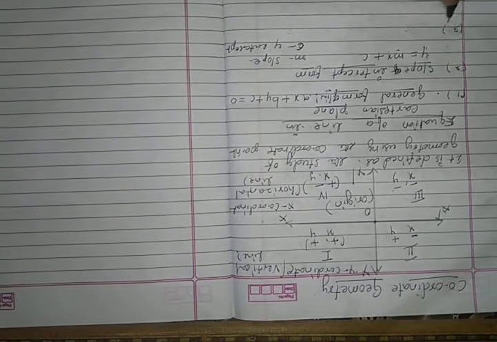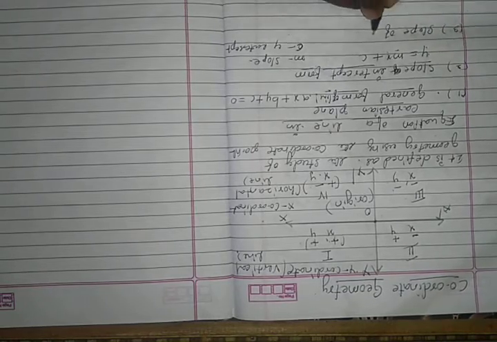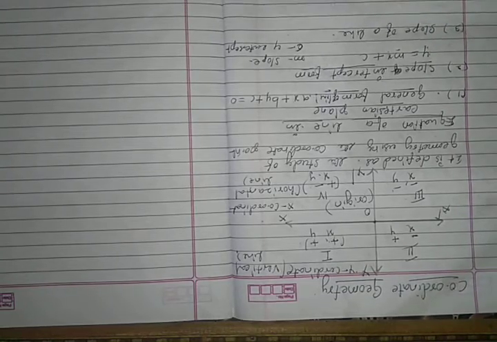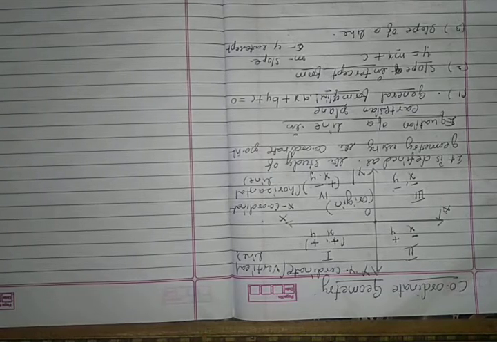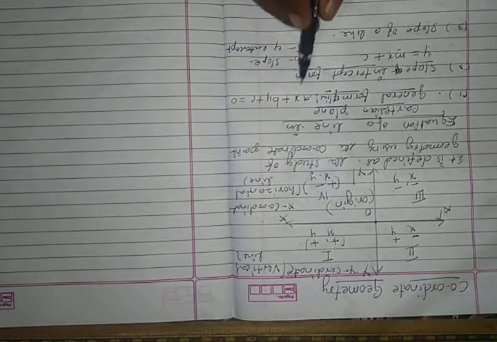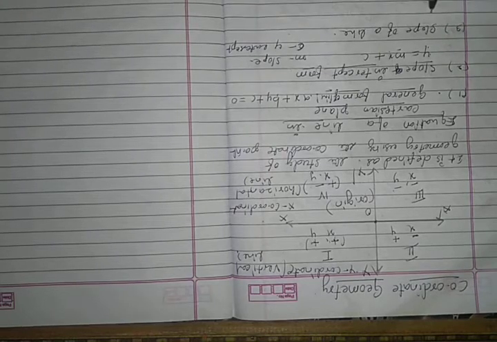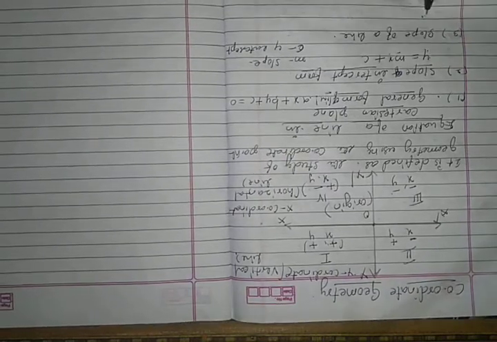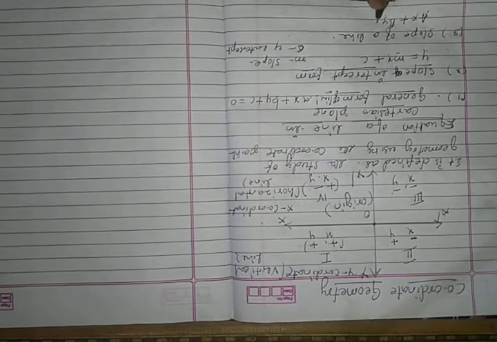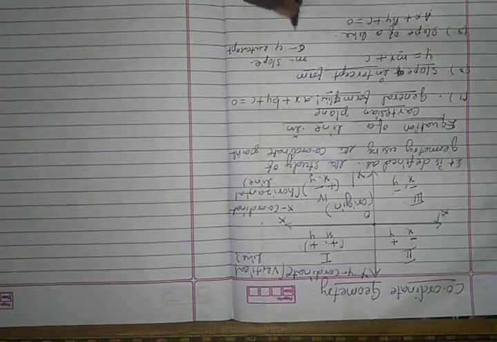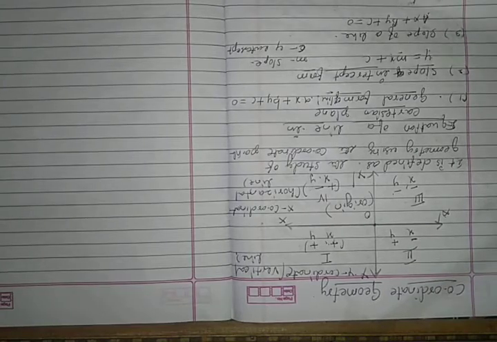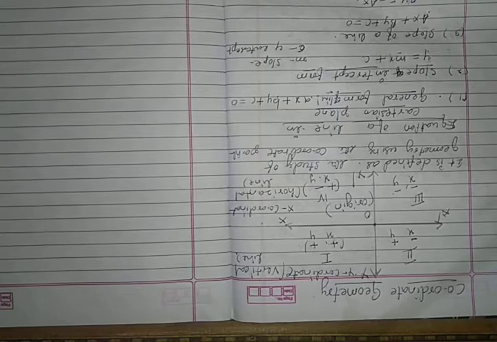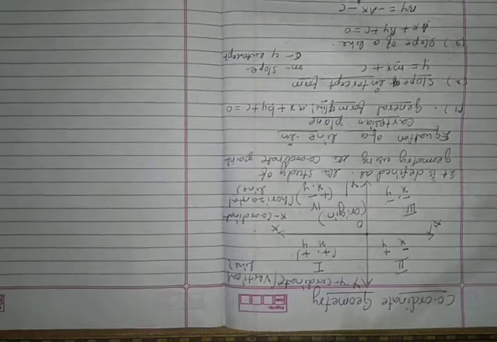Let us see next, the third, slope of a line. Already you know the slope of a line. By using ax plus by plus c is equal to 0, then by is equal to minus ax, and plus c goes to the other side as minus c.